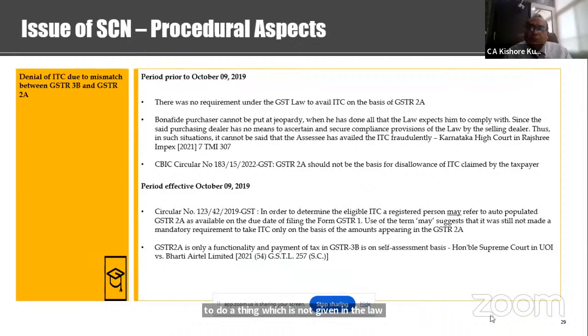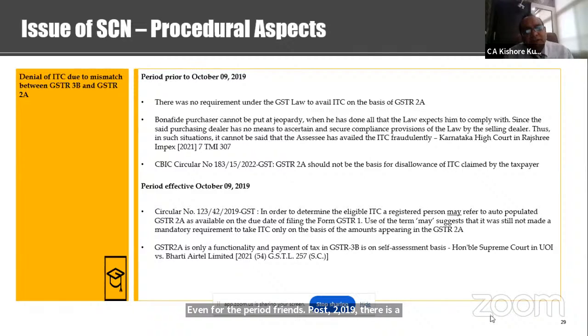It is clearly provided by the Karnataka High Court in the matter of Rajshri Impacts that my credit cannot be denied just because there is a mismatch between GSTR 3B and GSTR 2A, especially for the period prior to October 2019.